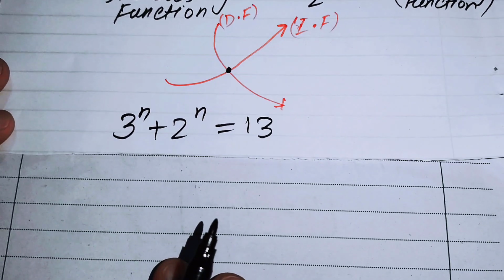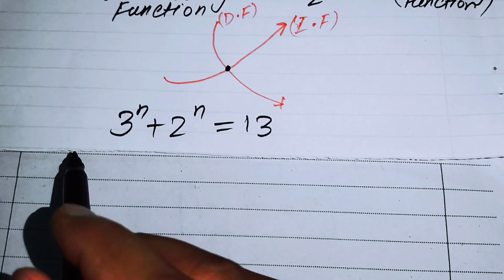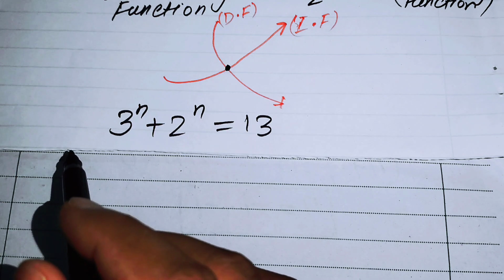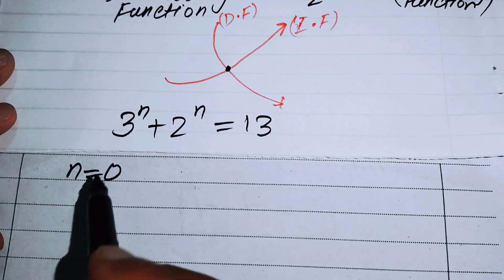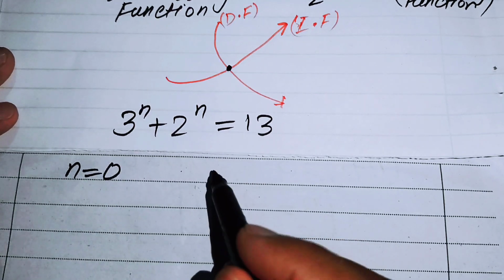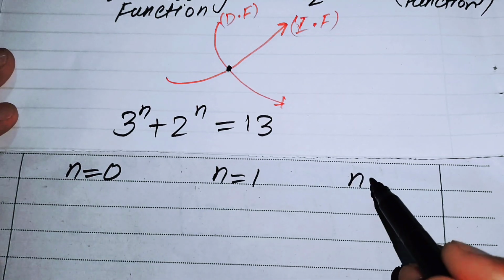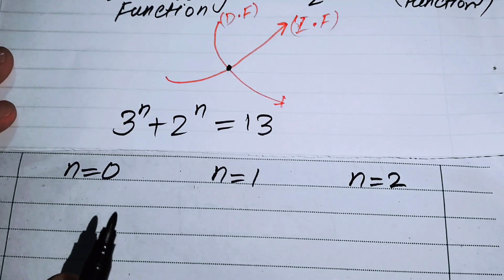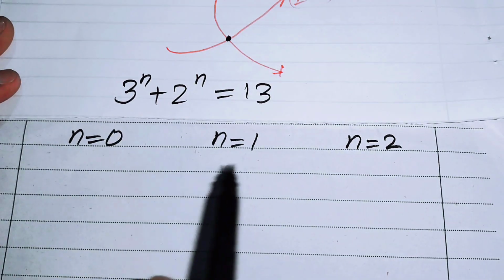And now I can put some values and judge which number satisfies this equation. First I put n is equal to 0, and after that we will check n is equal to 1, and at the last we check n is equal to 2. Similarly, you can check this function by other values.